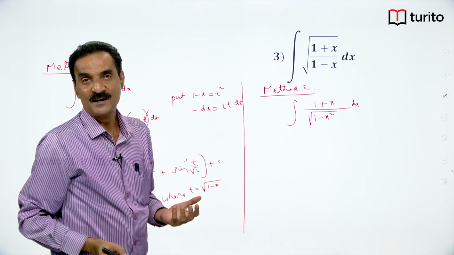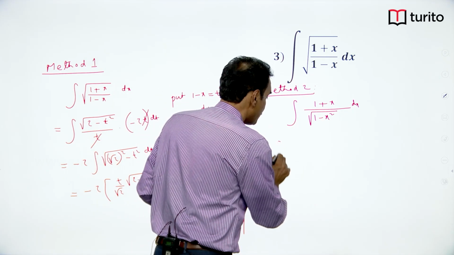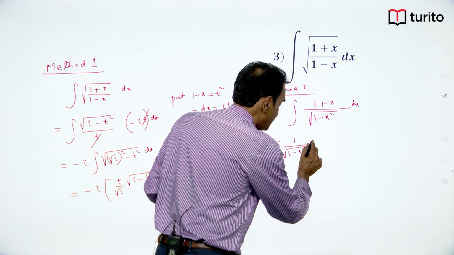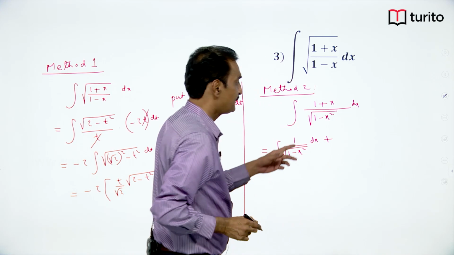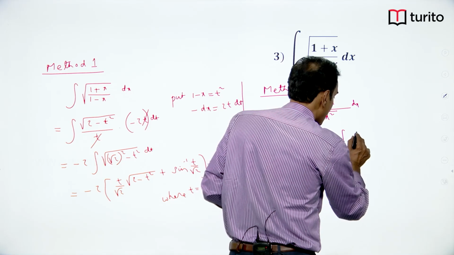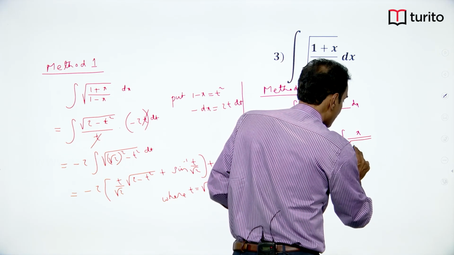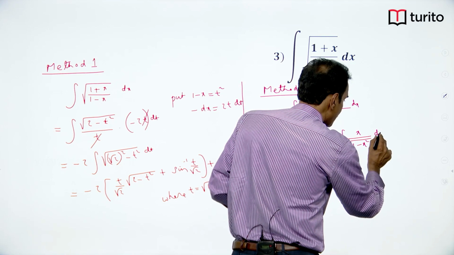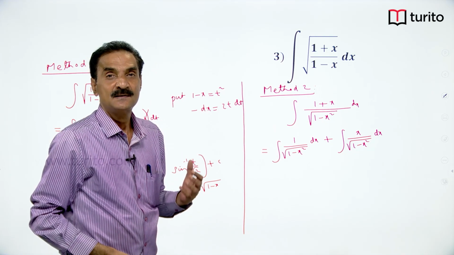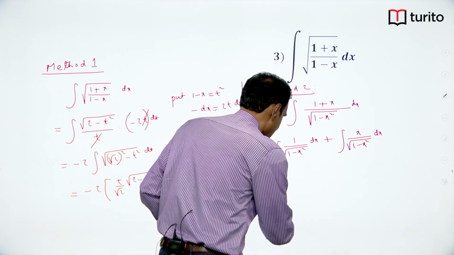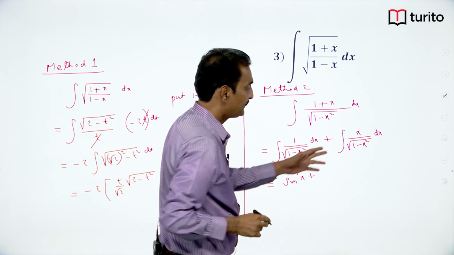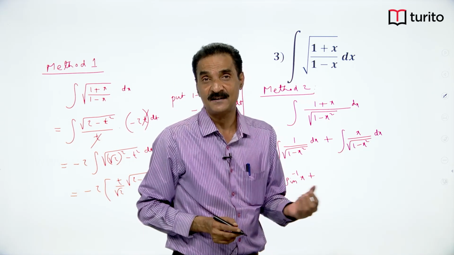Now separating the denominator, integral 1 by root 1 minus x square dx plus second integral is x by root 1 minus x square. What is the integral of 1 by root 1 minus x square? Sin inverse x. Plus, how to integrate x by root 1 minus x square?